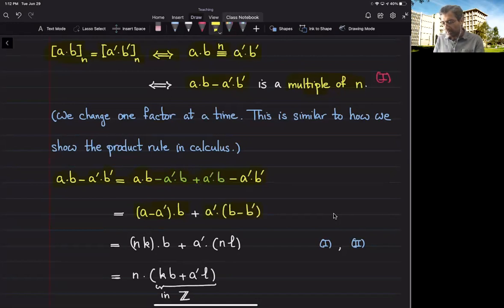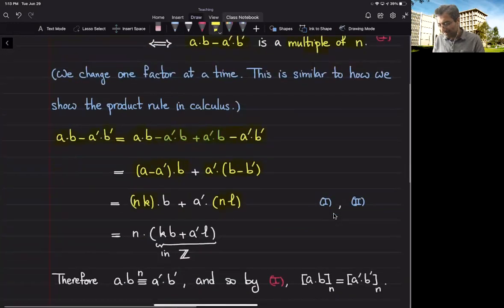But notice the hypothesis tells me that A minus A prime is a multiple of n. It's nk for some integer k. And B minus B prime is a multiple of n, it's nl for some integer l. Now these two terms have n in common, so I can factor out n. And the rest are integers because integers are closed under addition and multiplication.